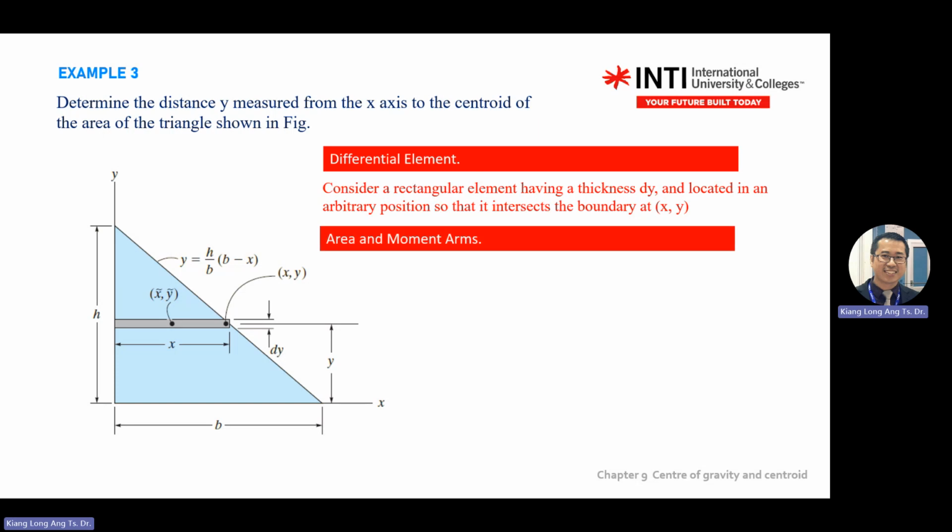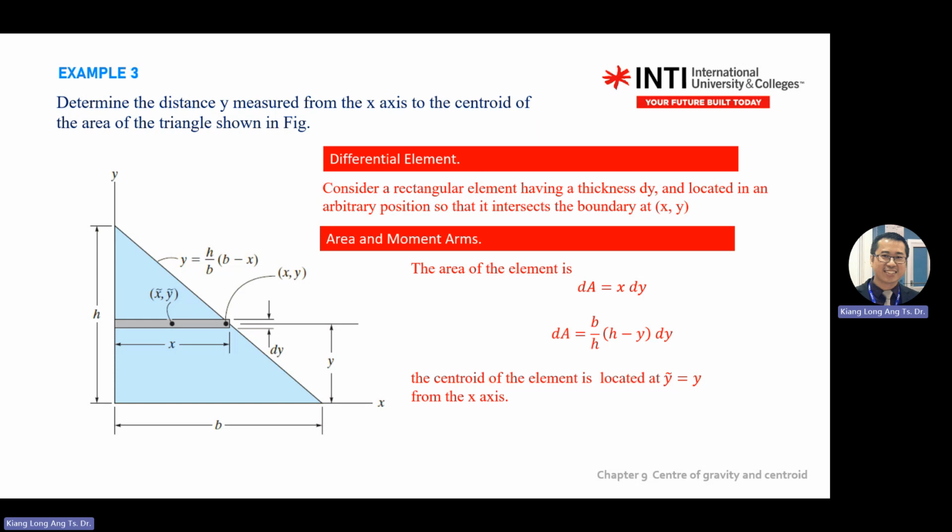Then next you write area and moment arm. Again, why we write area and moment arm, because for centroid we derive from the concept of moment. So you write area of element. How you get the area of this element is b multiplied by h divided by half. Or how you get this small area is you take the x multiplied by dy.